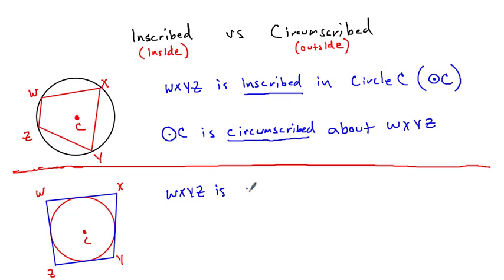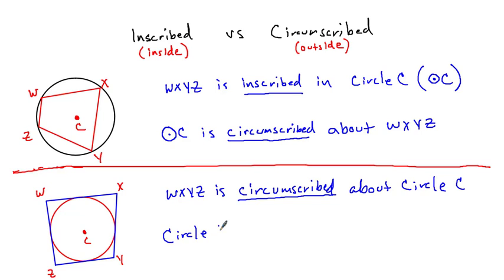WXYZ is circumscribed about circle C because WXYZ is on the outside, and circle C is inscribed in WXYZ. Okay, so that's it. Nothing exciting, just a few words, a few ideas. See you tomorrow.